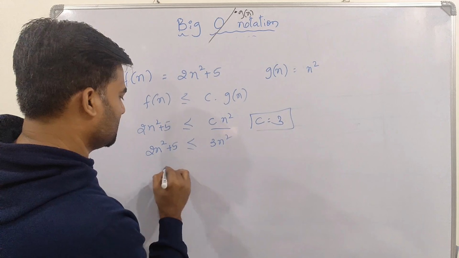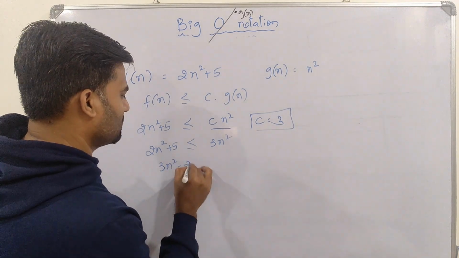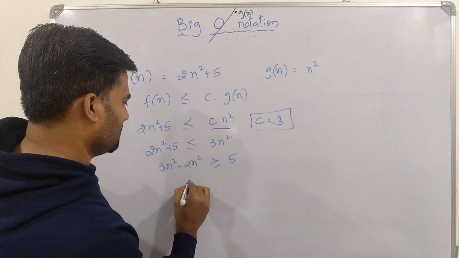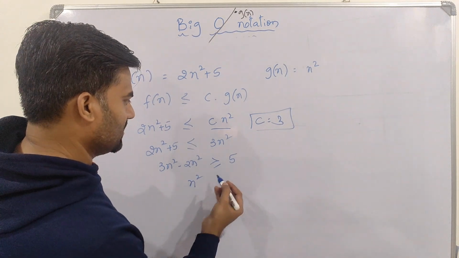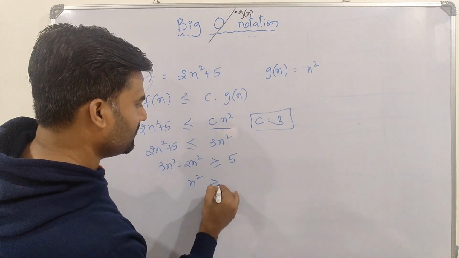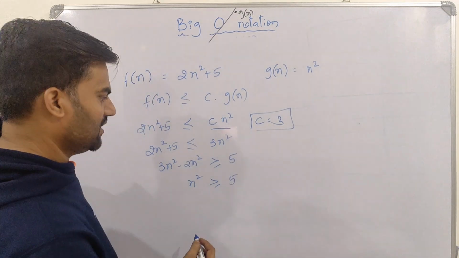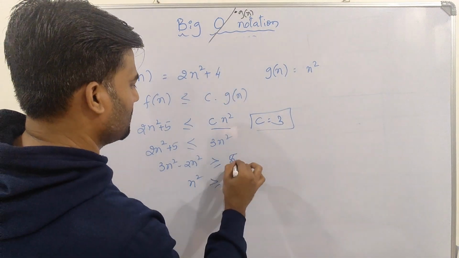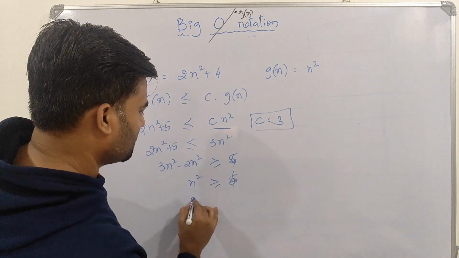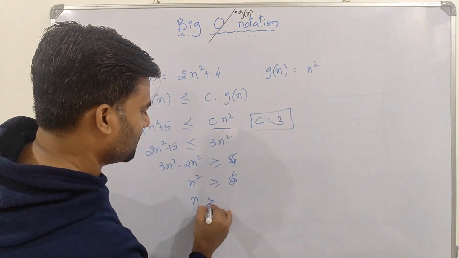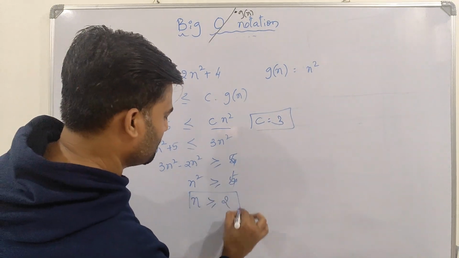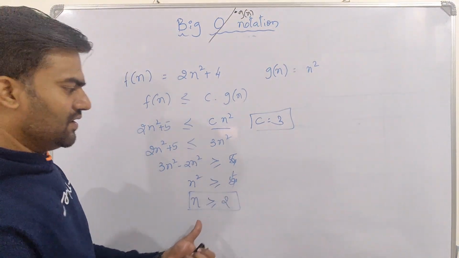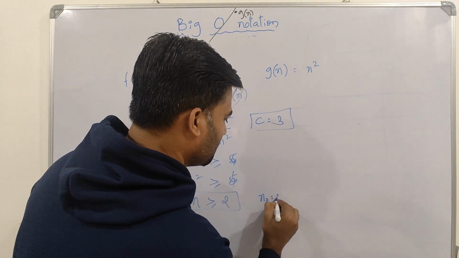So if I move this, 3n square minus 2n square is greater than or equal to 5. So n square is greater than or equal to 5. Instead of 5, let's consider this as 4. So for this, n will be greater than or equal to 2. So here n naught will be 2.